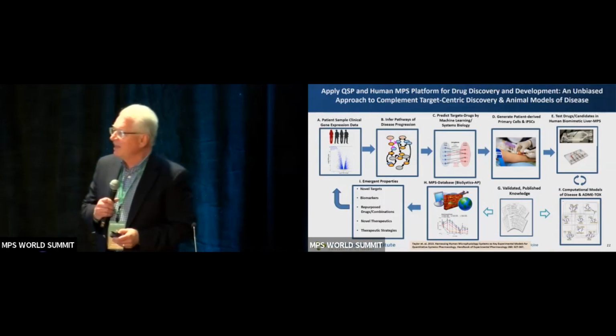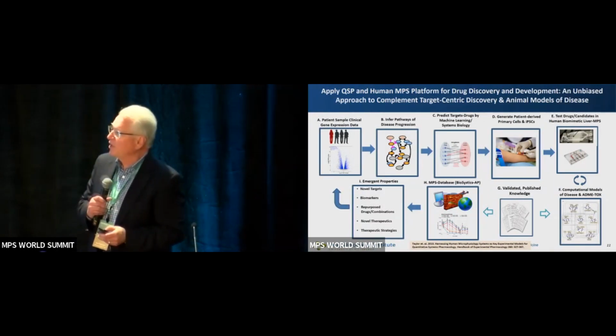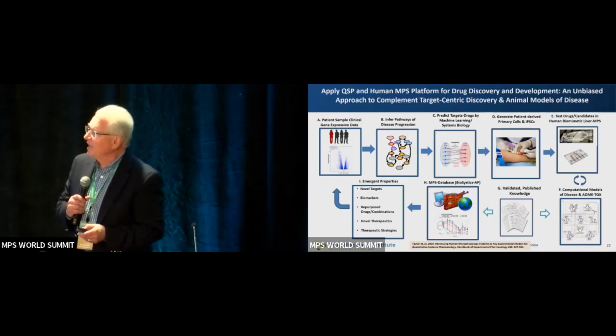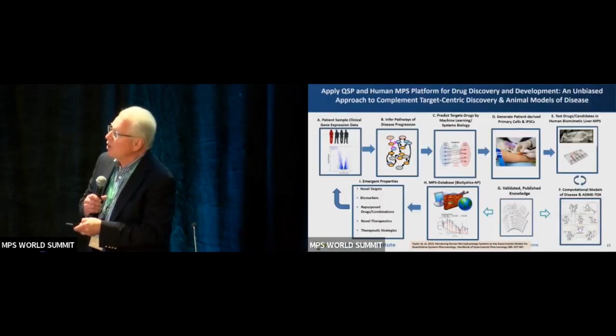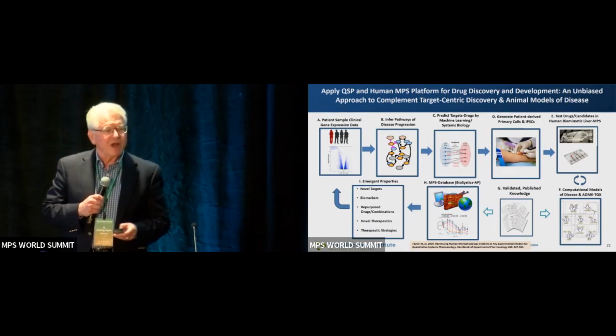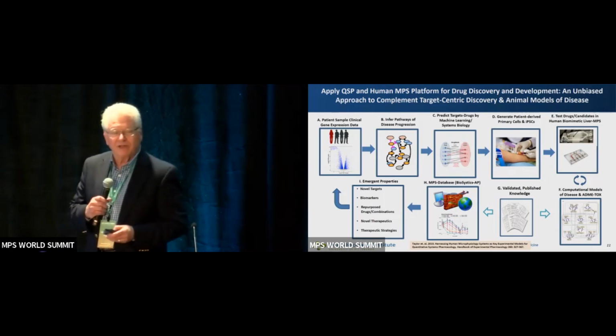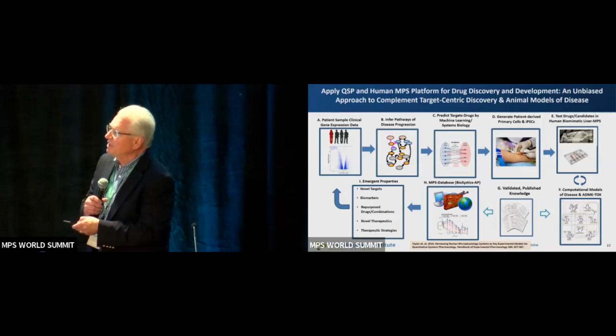So this is a simplified pipeline of what we do applying QSP and MPS. We always start with patient material. In this case, in the study I'm describing, 182 patients that underwent bariatric surgery, and samples of their liver were taken for doing RNA-seq. That data can be used to infer pathways of disease progression.